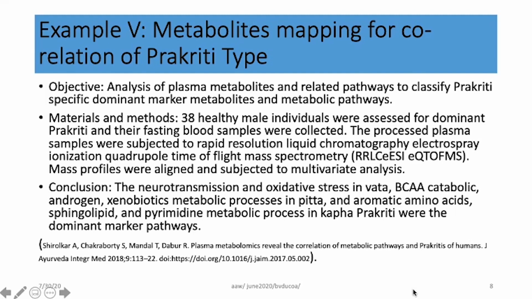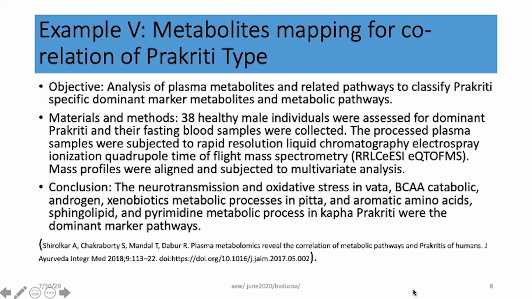So once you know that a particular Prakriti type carries a particular set of metabolites, we can assume that those metabolic pathways are predominant in those Prakritis. So for this, the group studied 38 healthy male individuals. They were assessed for their dominant Prakriti type using a specific format. Their fasting blood samples were collected.